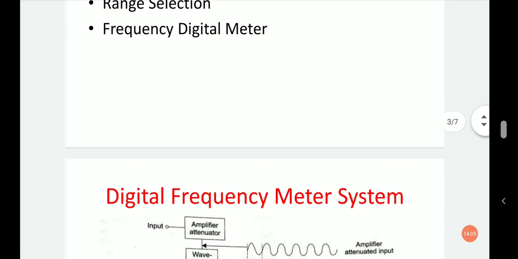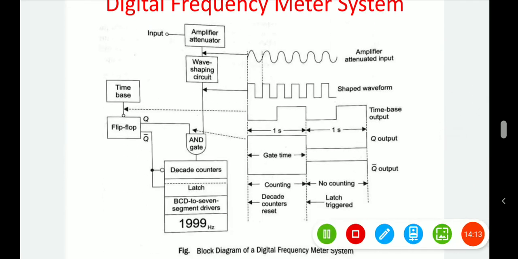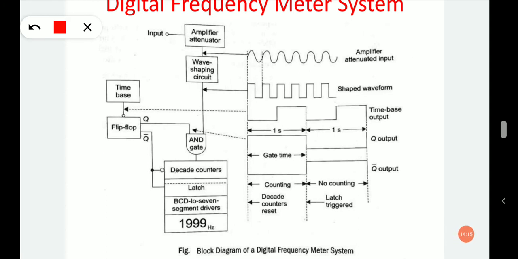So in this video we have seen the digital frequency meter system. The input is applied to an amplifier or attenuator, where amplification is done, and that is given to the wave shaping circuit, which converts the input signal into a pulse or square waveform without changing its frequency.